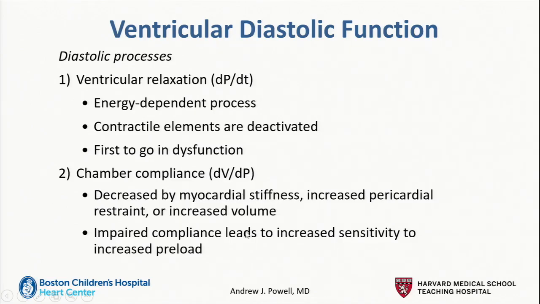But in addition, if you have something outside the heart that makes it hard to fill, such as constrictive pericarditis, or if the ventricle is operating far out on its pressure volume curve, so a very dilated ventricle, all those things can lead to increased myocardial stiffness.